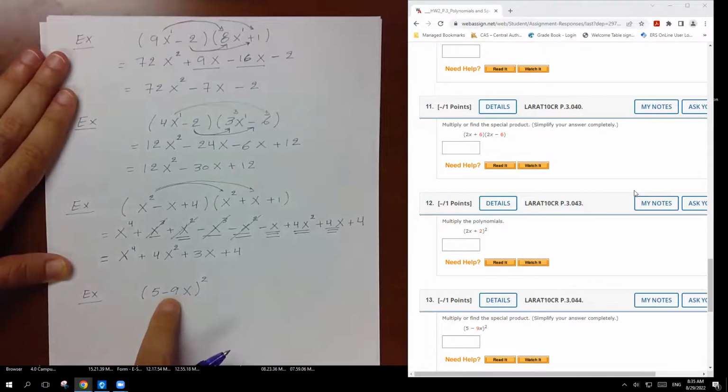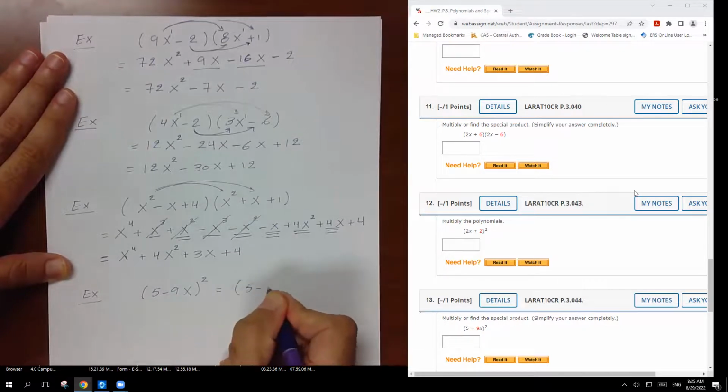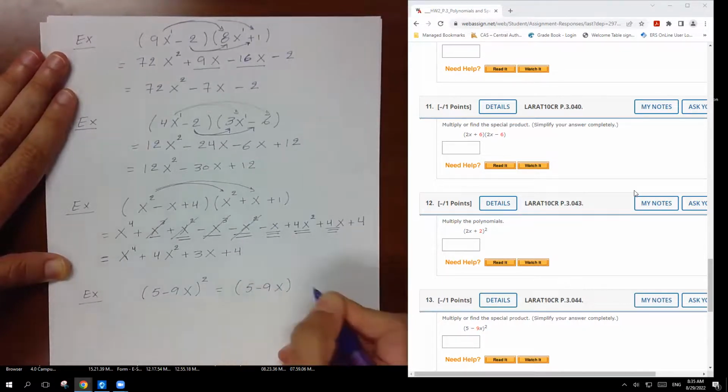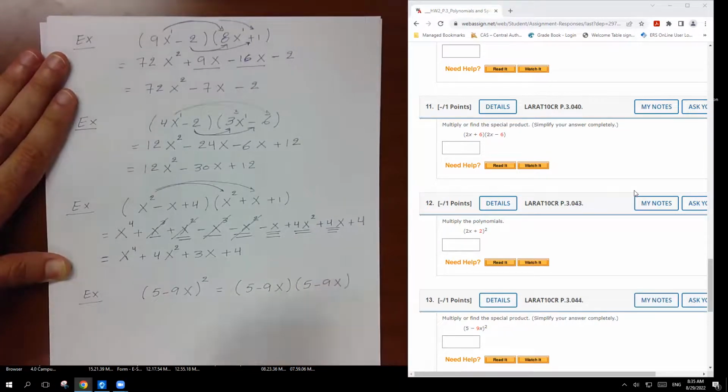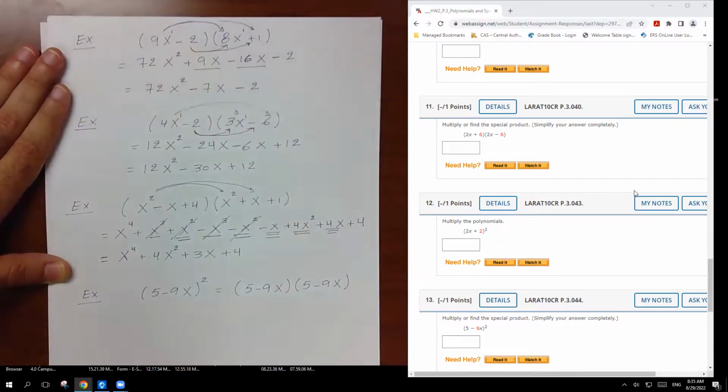That means this one is 5 minus 9x times 5 minus 9x. The parentheses multiply by itself twice, and you're going to multiply the rest exactly the same as in this example. You're going to FOIL it.